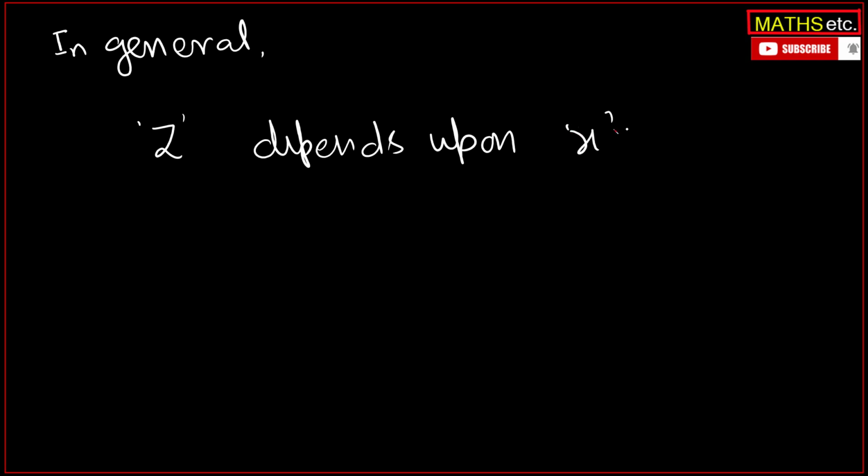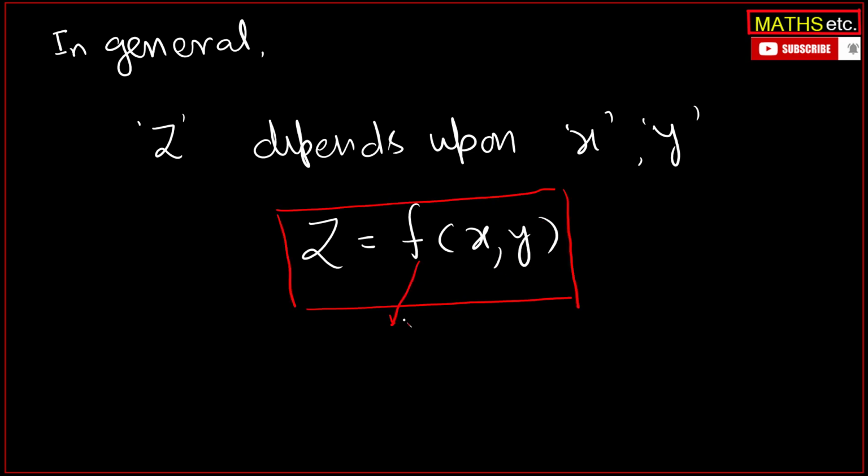So in general, whenever a variable quantity, say Z, depends upon two variable quantities, say X and Y, we say Z is a function of X and Y variables, and we denote it by Z equals f of X comma Y. Here the notation f is for function.